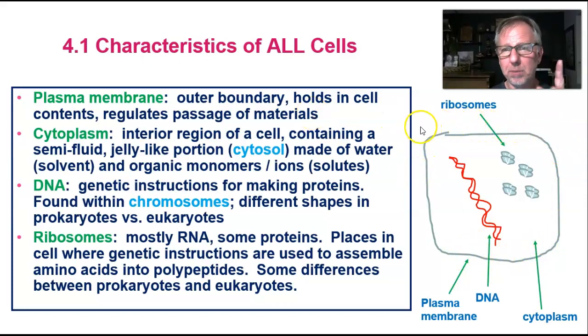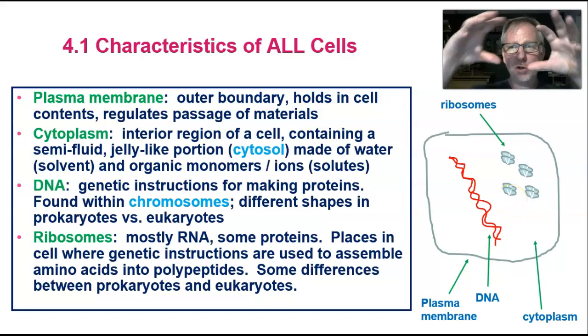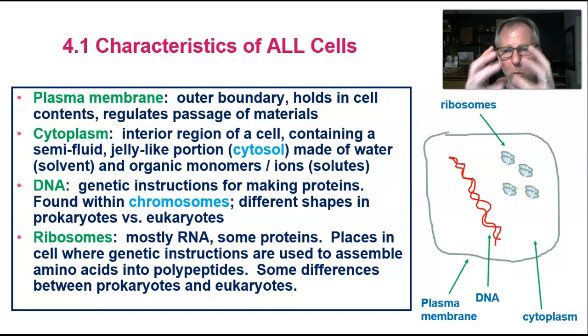And its job is to hold in the cell's contents, like a balloon is holding in air or water. It's the same idea. And that plasma membrane is regulating or controlling what goes in and what goes out, kind of like a bouncer at a nightclub controls who goes in and who goes out. That's like what a plasma membrane does.